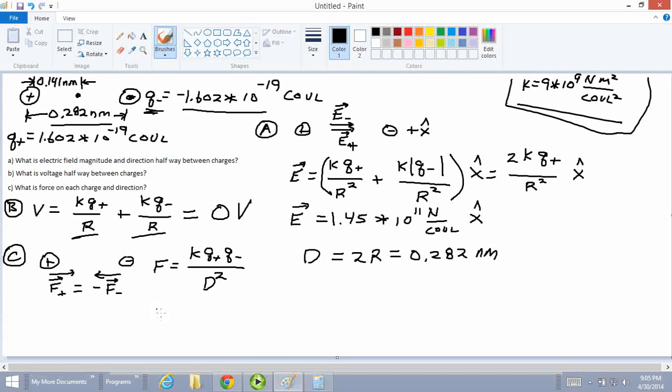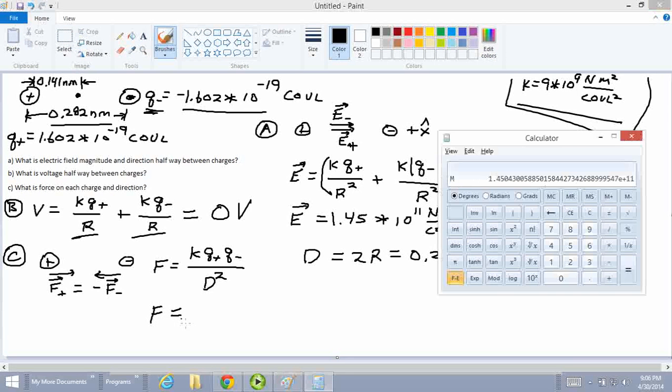Okay, so now it's plug and chug. We have K's, we have Q's. The magnitude of the force equals 9 times 10 to the 9th times 1.602 times 10 to the negative 19th, and I multiply them together. There will be a negative sign involved. I'll remember it. I won't actually put it in the calculator.